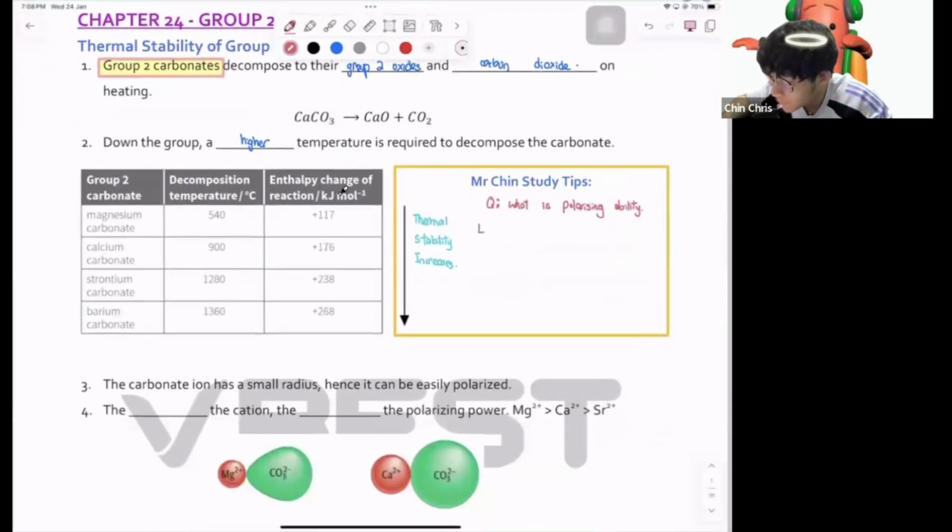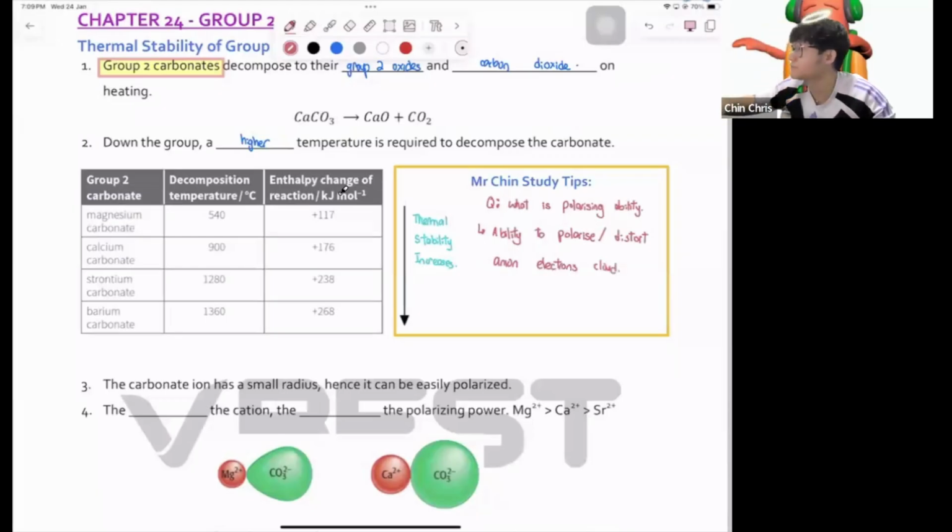We call polarizing ability the ability to polarize, or distort, the anion's electron cloud. Alright, please write it down.